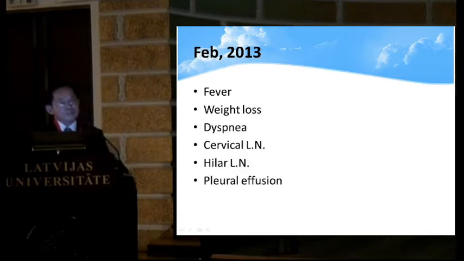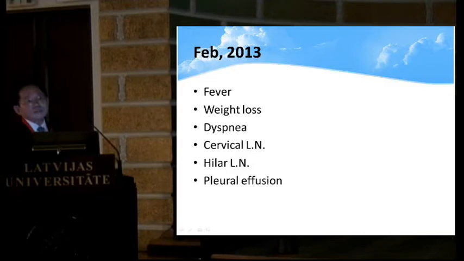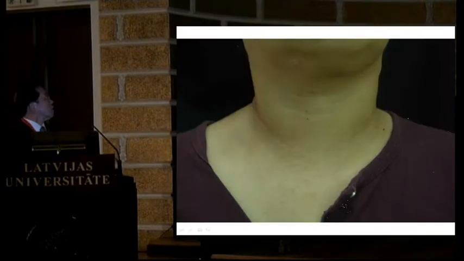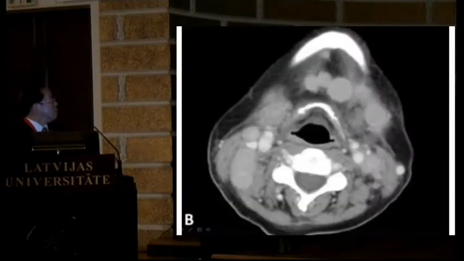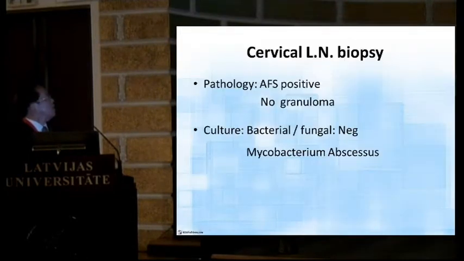At this point, she had fever again, weight loss of about 15 kilograms, and dyspnea, with the cervical lymph node getting bigger, hilar lymph node enlargement, and pleural effusion. This is the lymph node. We insisted that we needed to do a biopsy, not aspiration.